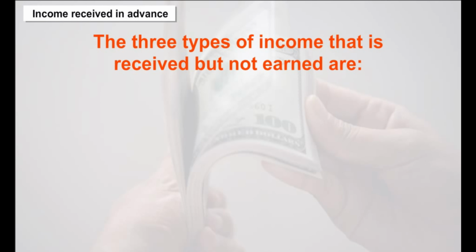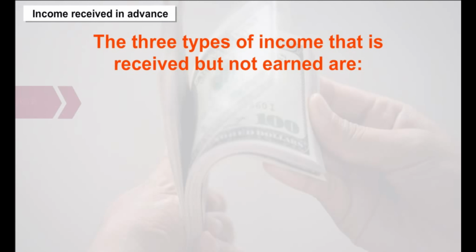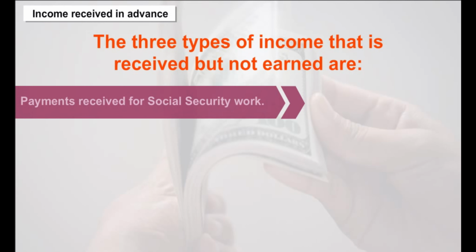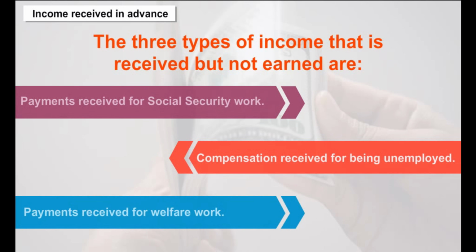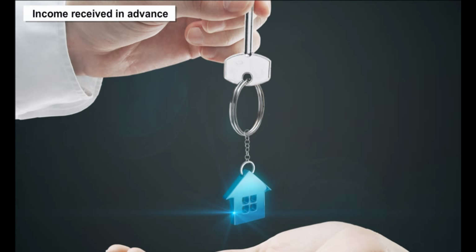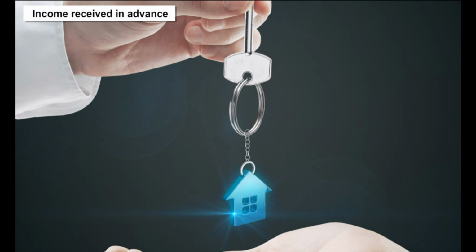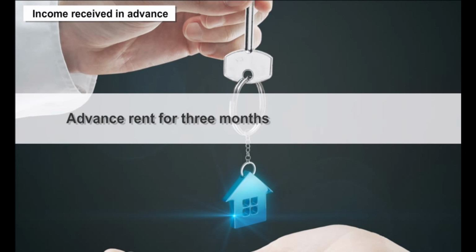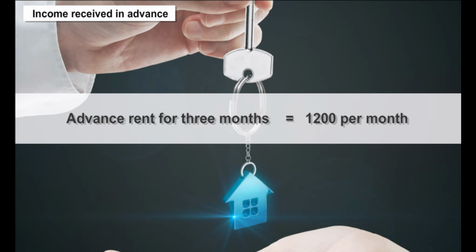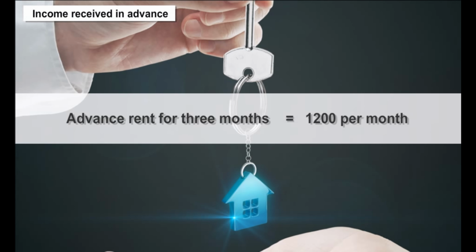The 3 types of income that is received but not earned are: payments received for social security work, compensation received for being unemployed, payments received for welfare work. Suppose in March 2017, Rohit received an advance rent for 3 months from his friend at the rate of 1,200 rupees per month.